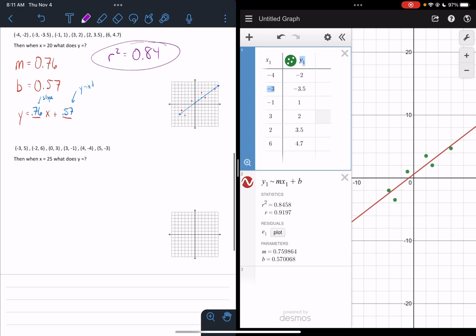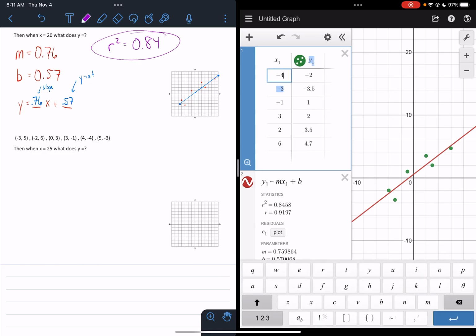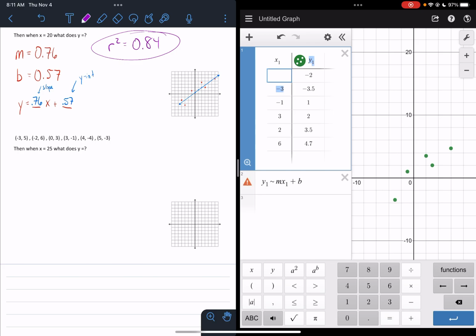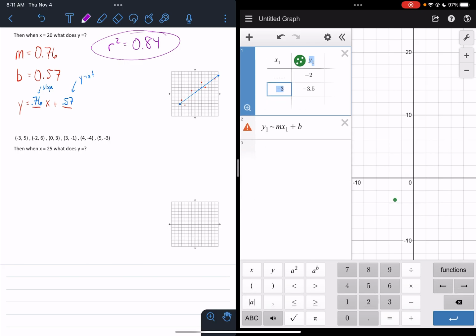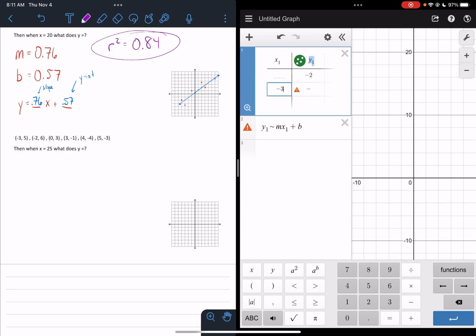And so, again, I'm going to go down to the bottom one there, and I'm going to go ahead and change those. Let's see. Oh, there we go.